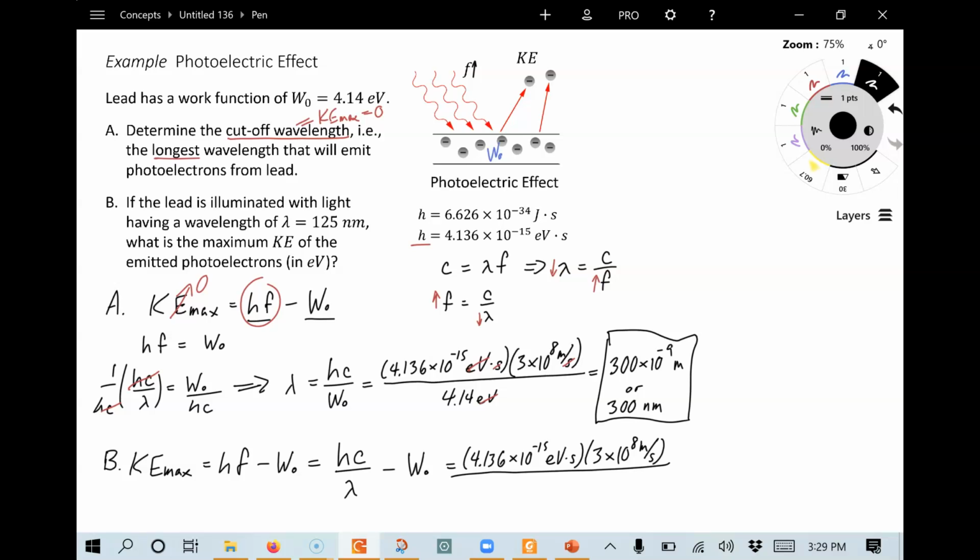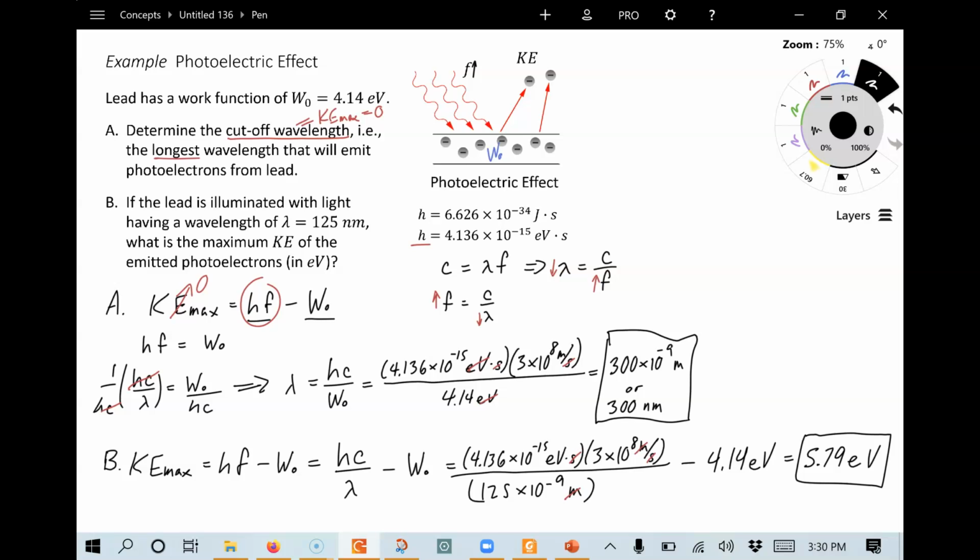Now we've got to convert this into meters, so 125 times 10 to the minus 9th meters, and then subtract from that the work function, 4.14 eV. Let's check the units here. Cancel our meters, cancel our seconds. We're left with eV, and that's right, since we're going to subtract eV from that. Putting this into the calculator, we come up with a value of 5.79 electron volts. So that is the kinetic energy of the electron that is emitted there.